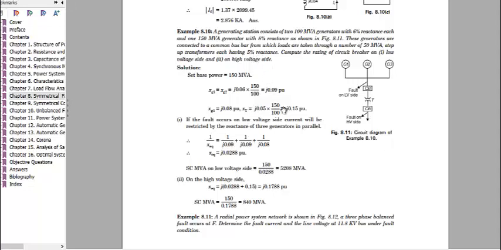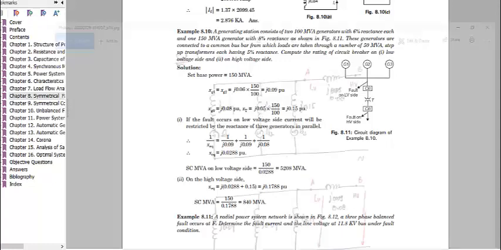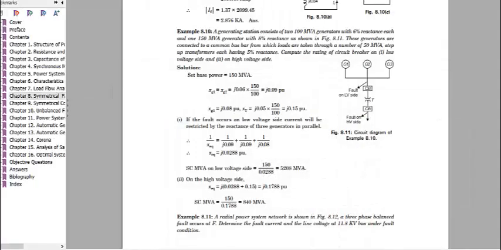So xg1 is equal to xg2, which will change, and xg3 will remain as it is, 0.08, and xt will be equal to 0.05 into 150 divided by 50, so it comes out to 0.15. It is 50 here because the transformer rating given here is 50. So its answer is also correct, it's 0.15.